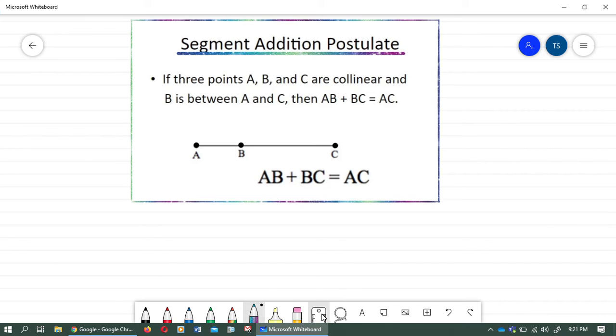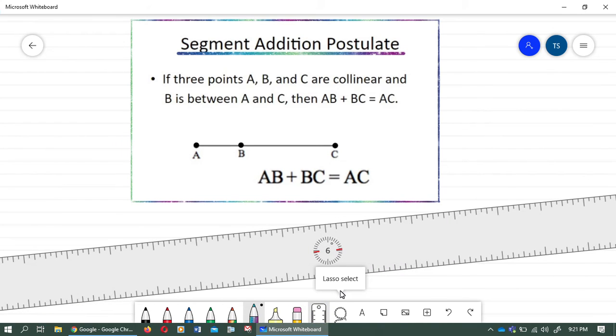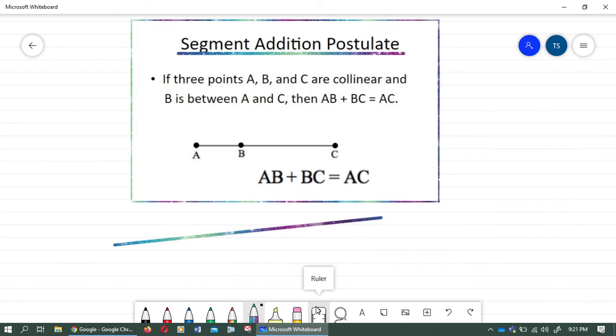Guys, hopefully that doesn't seem too abstract, but if it does, let me explain it in a slightly different way. So let's say, guys, that you've got a straight line. A line goes on forever and ever and ever. Anyway, you got a straight line, and you got 3 points on that line.